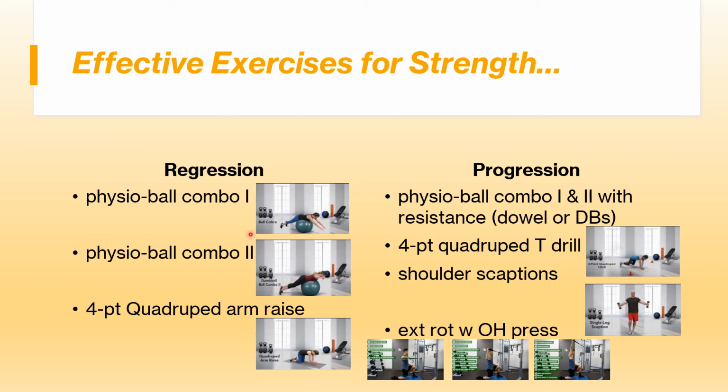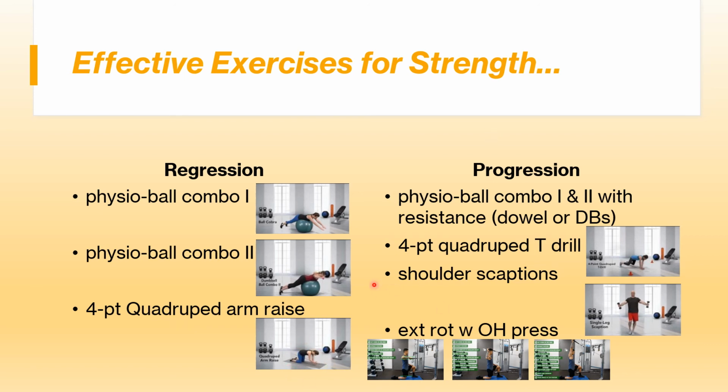This video here. And then 4-point quadruped with arm raise, starting to bear some weight on the affected arm or both arms, and essentially bringing the arm out to the side in abduction and forward in flexion, alternating between the sides for duration of time.